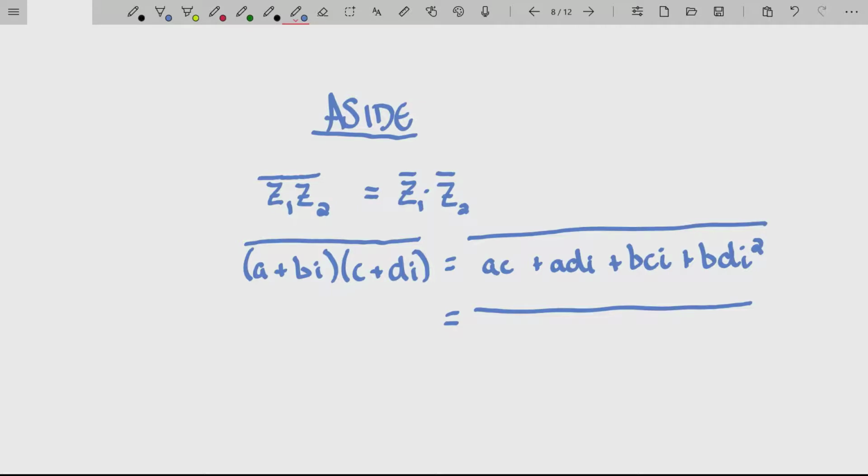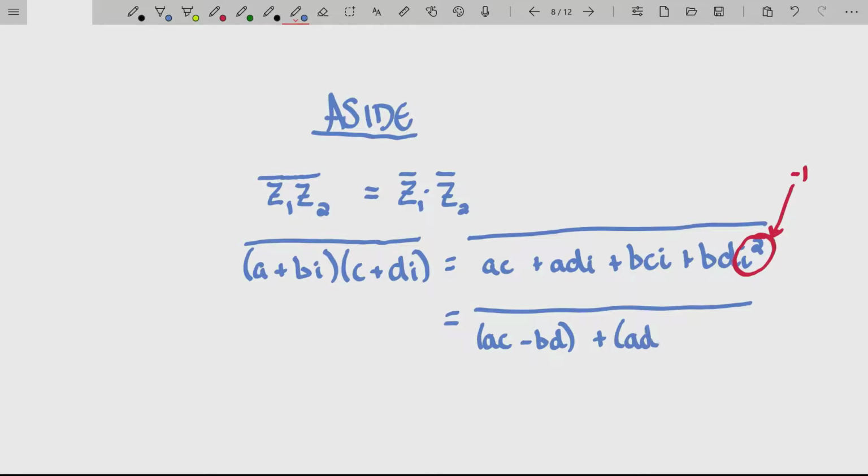Still, we're sitting there. And I'm going to collect the terms without the i's to one side. By the way, remember, i squared here is a negative 1. So I'm going to collect the terms without the i together. So I'll get ac minus bd, because i squared turned that coefficient of bd into a negative 1.